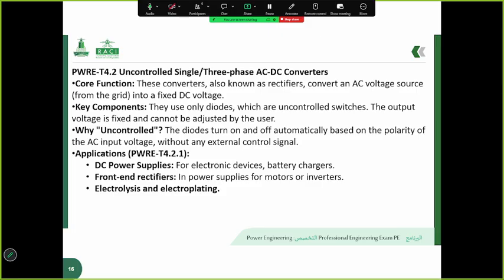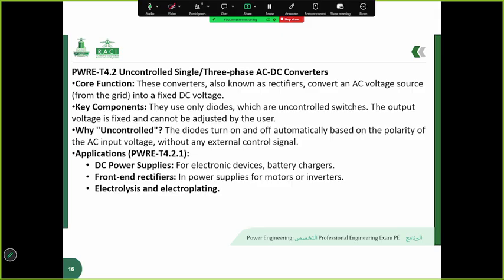So the slide highlights that the simplicity, reliability, and low cost of diode rectifiers make them widely used in many industrial and commercial applications. Typical applications include DC power supplies for electronic equipment, battery charging systems, and front-end rectifier stages in motor drives and inverter systems.